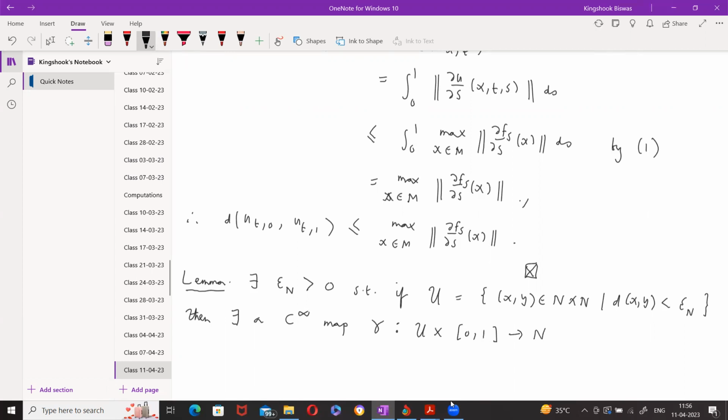This is of the form (x,y,s), where s is the parameter of the homotopy.